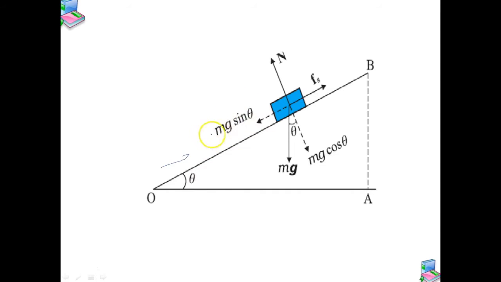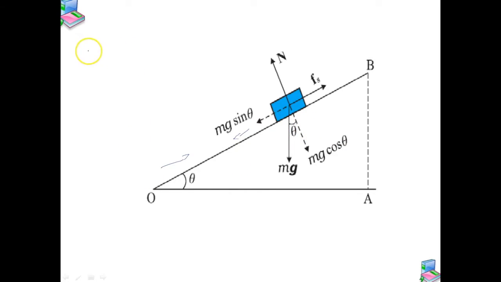What is the coefficient of static friction between the block and this surface?